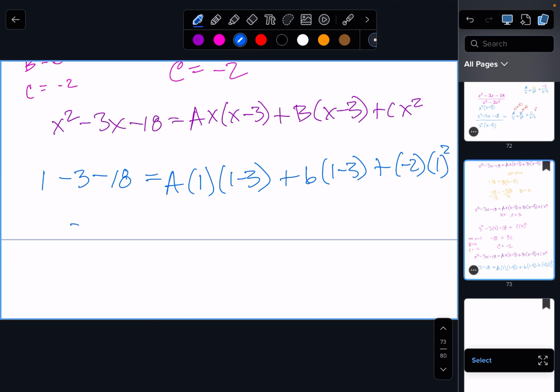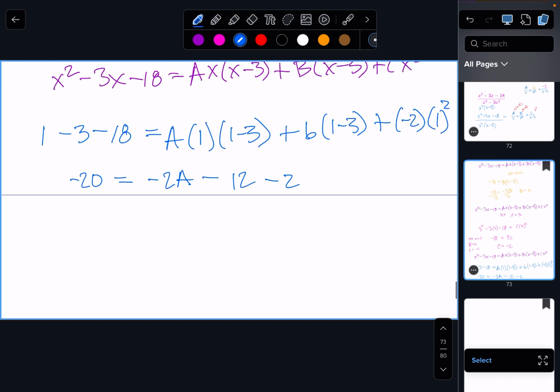Negative 20 equals 1 minus 3 is negative 2, negative 2a minus 12 plus negative 2. How did I do? Feeling good about it.